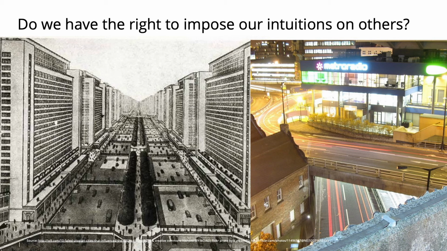The family members maybe lived two or three doors up, but now because of this motorway they had to be moved outside the city. The city planners obviously planned this and based it on the idea that perhaps it's more important for people to be able to get to places more quickly than it is for people to live in good communities. Again, is this defensible? So it's quite important to ask, is it actually acceptable to impose our intuitions on other people, or should we base this on some sort of analysis?